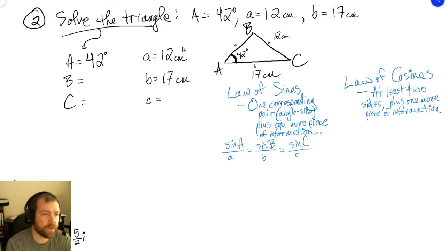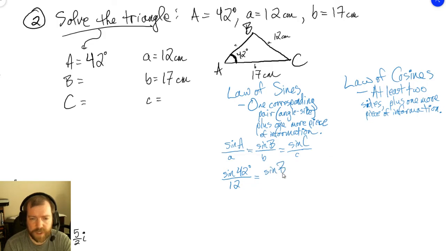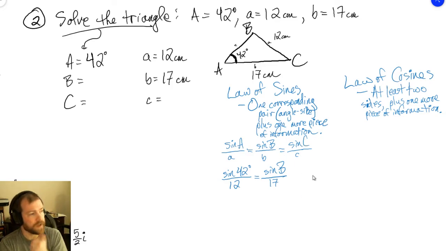In the case of what we have here, we have the corresponding sides, A the angle to A the side. So we can do the sine of 42 degrees divided by 12 is going to be equal to the sine of B divided by 17. We have no information about C, so we're just going to leave that off entirely.